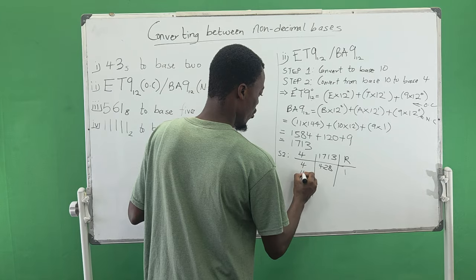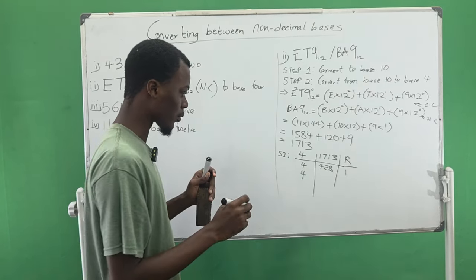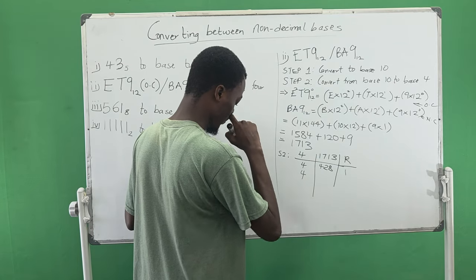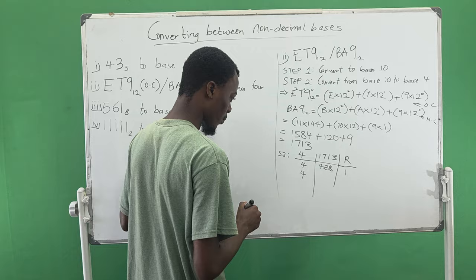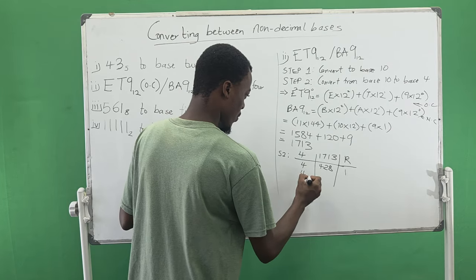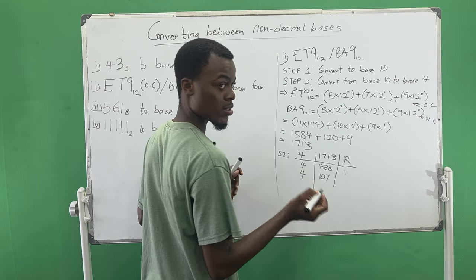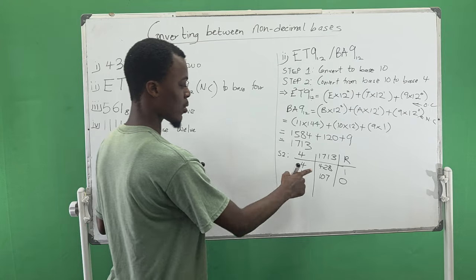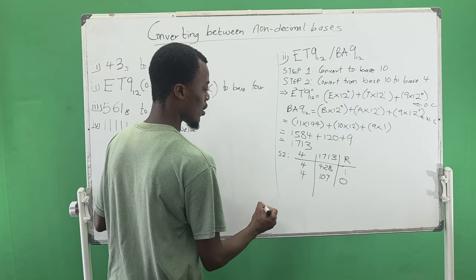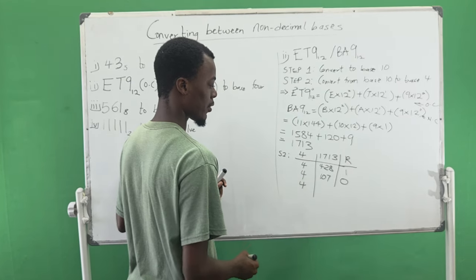The same way, 4 goes into 428, 107 times. Remainder 0. So 4 times 107 will give us 428. Okay. So now the same way, 4 times what? 107 is what?